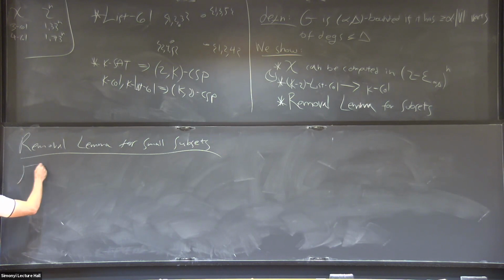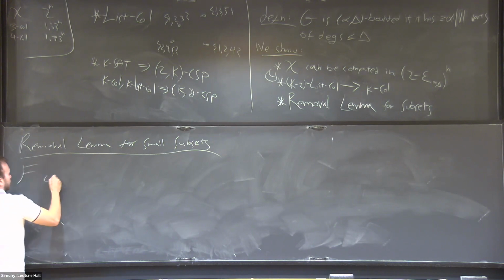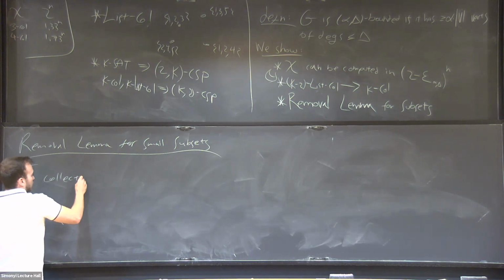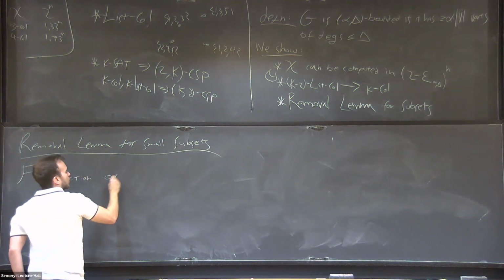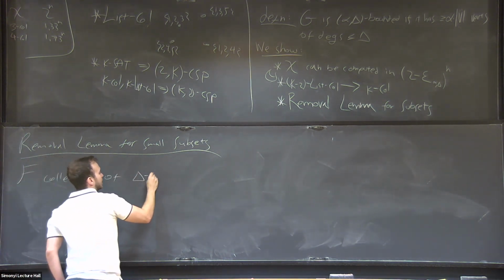So let's say I have a script F, a collection of delta subsets.